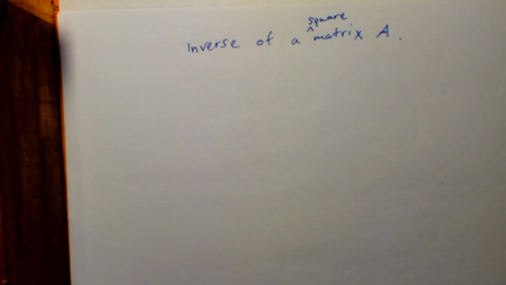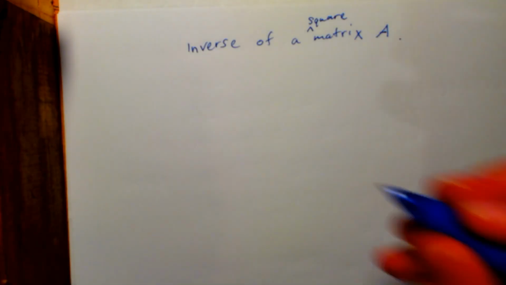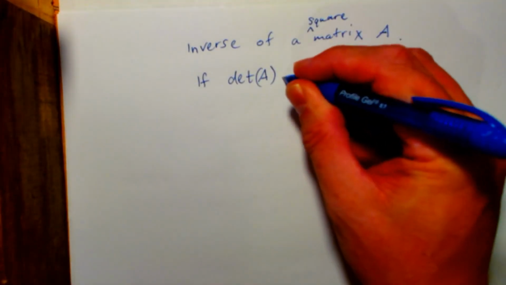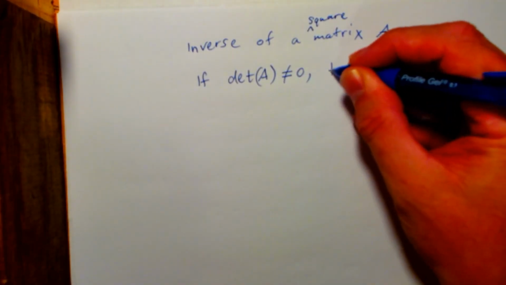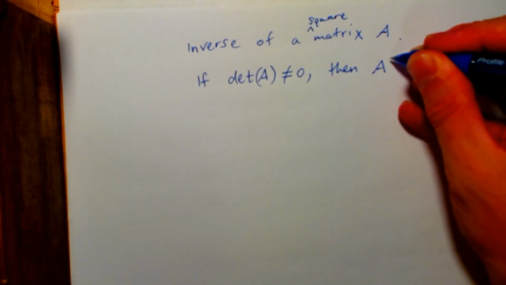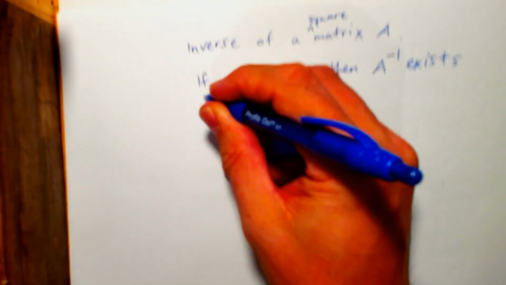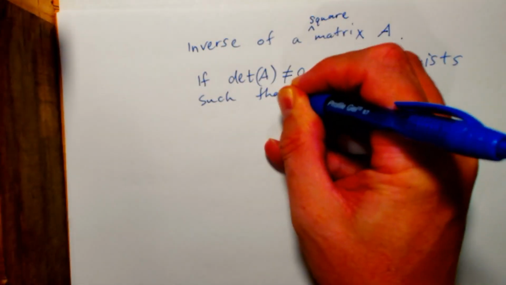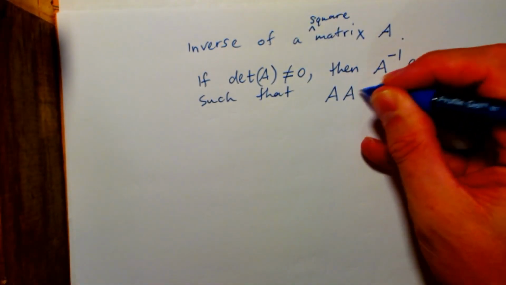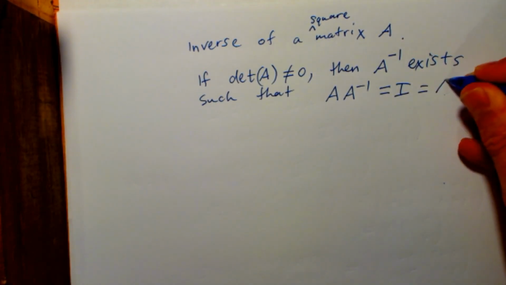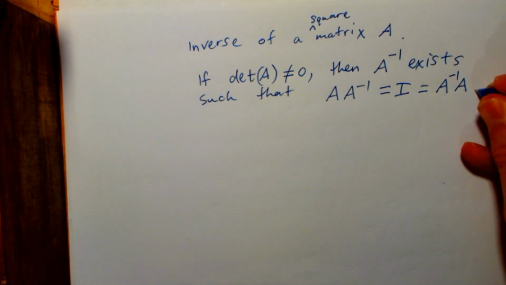You need the determinant of the matrix to be non-zero for the matrix inverse to exist. So if det of A is not equal to 0, then A inverse exists such that A times A inverse gives the identity matrix, and that's also the same as A inverse times A.